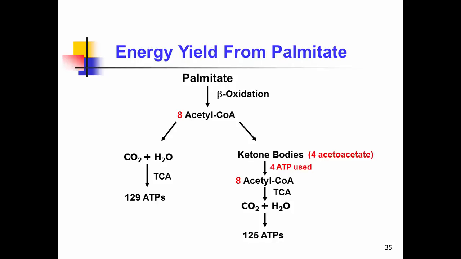So muscle cells will have two options in terms of energy fuels: either fatty acids, so muscle can completely oxidize the fatty acid and go this pathway, or ketone bodies, so go this pathway, right?